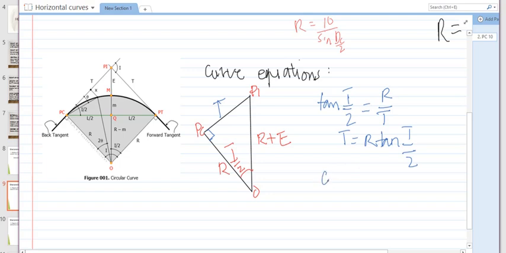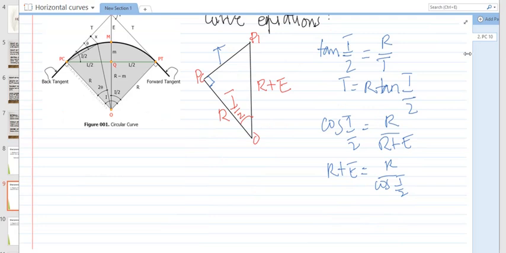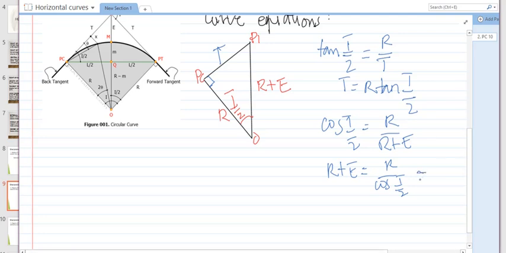Then cosine of I over 2 is R over R plus E. From here, R plus E is equal to R divided by cosine of I over 2, which is also known as the inverse of the cosine of I over 2, that is secant, no?